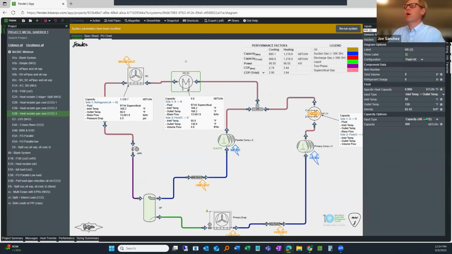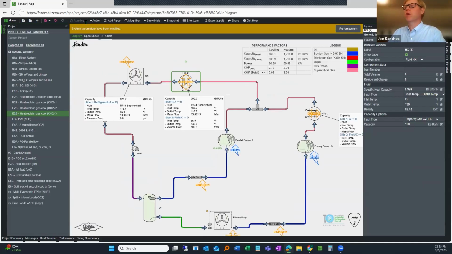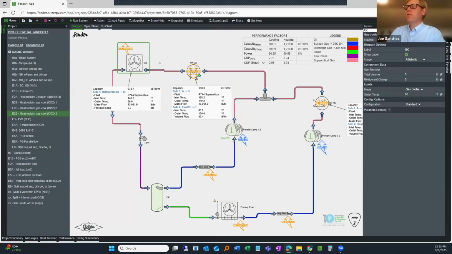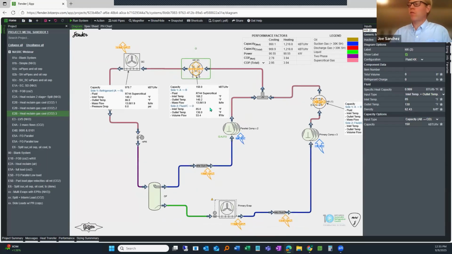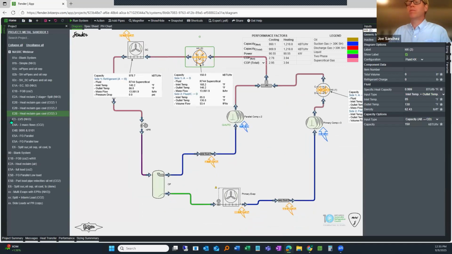You can switch your inputs around to 300,000. And then, maybe say, what happens if I get roughly half the size heat exchanger? What's my impact? So again, one at a time, not too difficult, but really quick, lots of information, using a more comprehensive system.